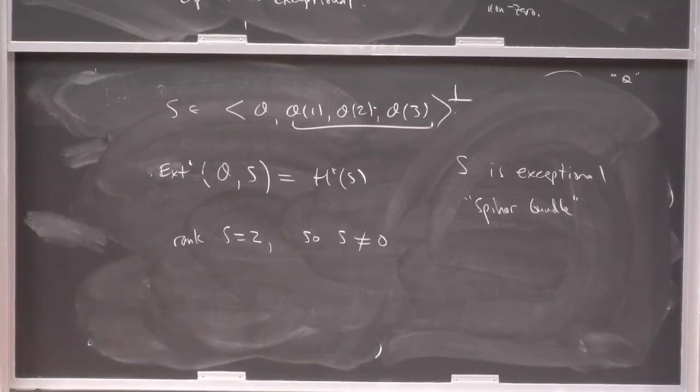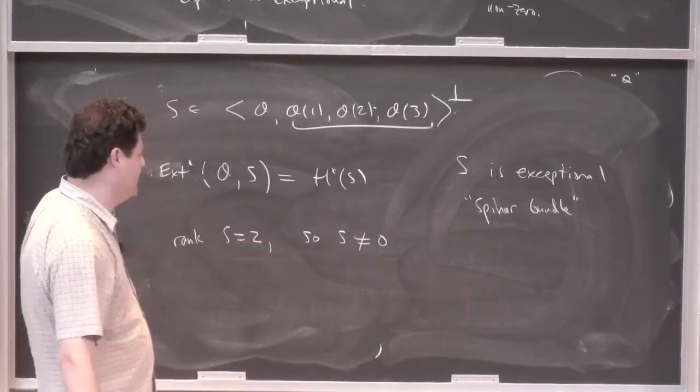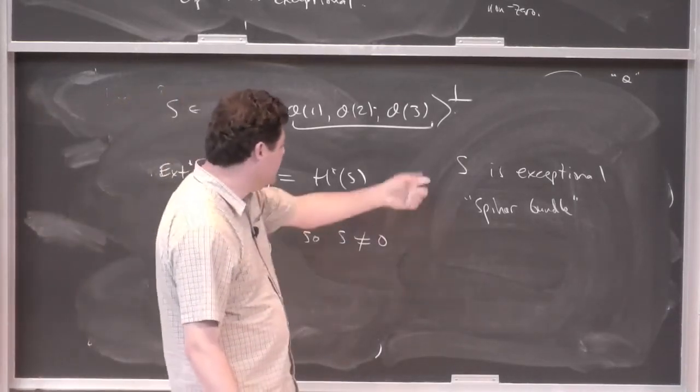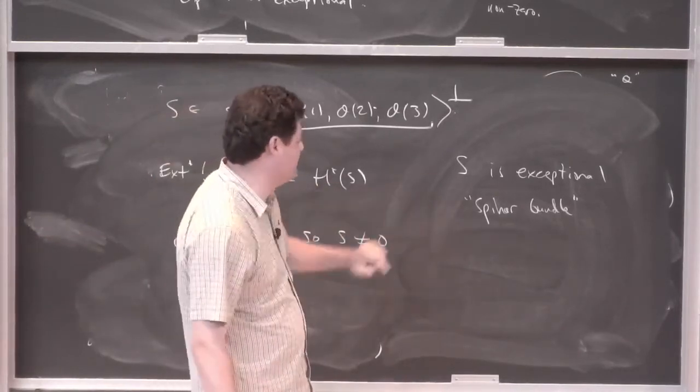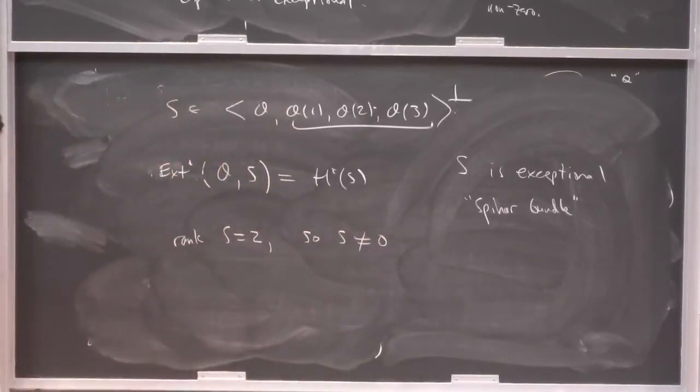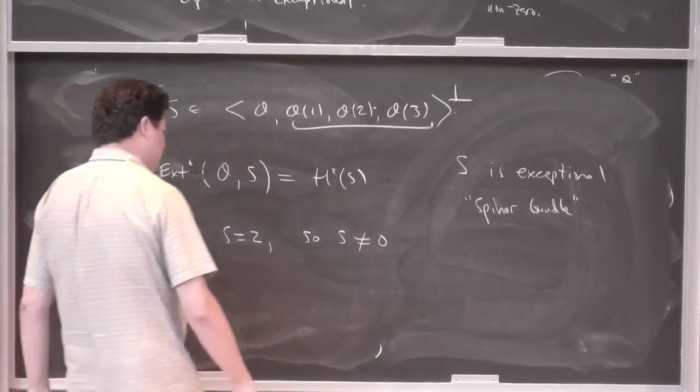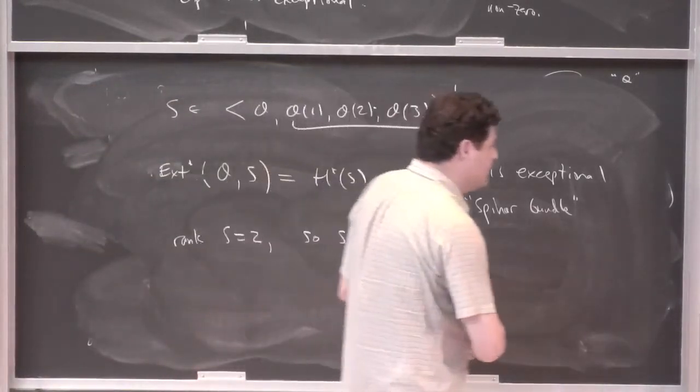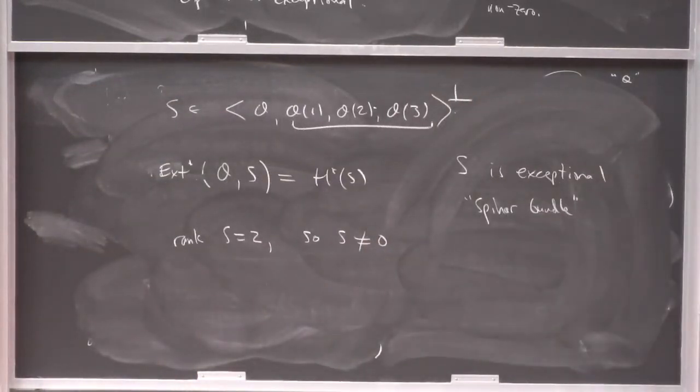So it's not exceptional. If it moves, then it's not exceptional. Whereas S, it turns out as you move P, S doesn't move. And Kapranov will tell you, given sort of infinite time, we could prove this by these same methods. But Kapranov.